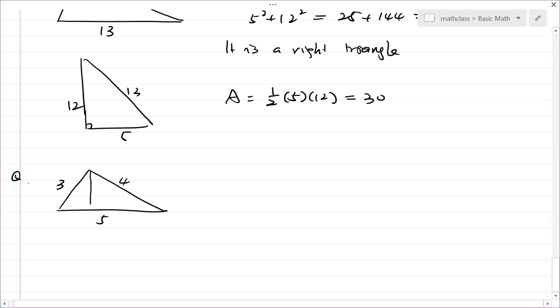If I draw the line here, I get an h. This is the height to this side. Can you figure out the height? You can use the knowledge you learned today to figure it out.